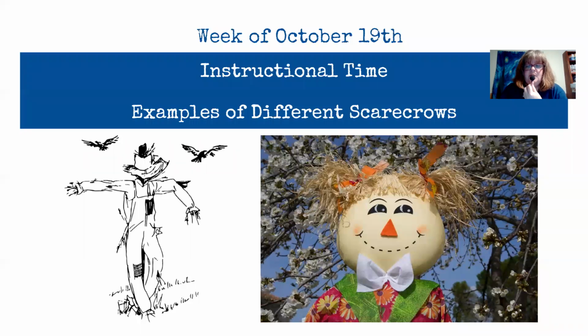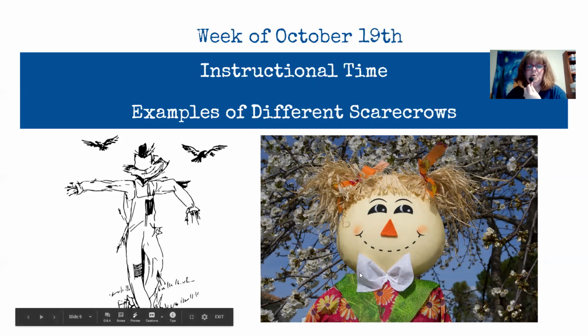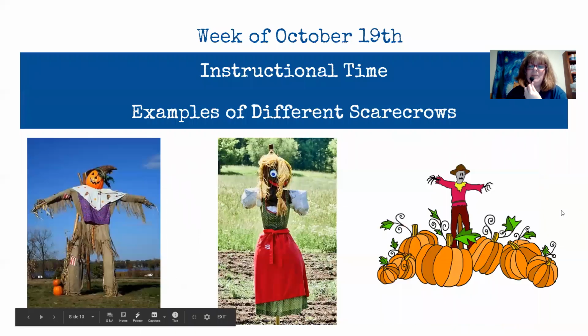You can also see what they did with the hair. The hair on this little cute girl scarecrow is made with raffia or straw, and they use little bows to make pigtails. They use some fabric to make a little bow, and they also use some old clothes.